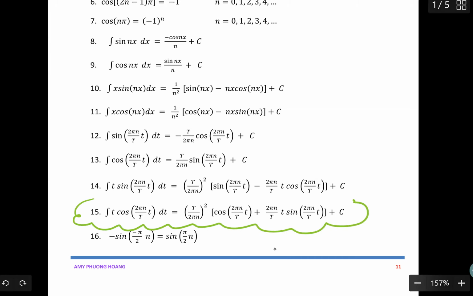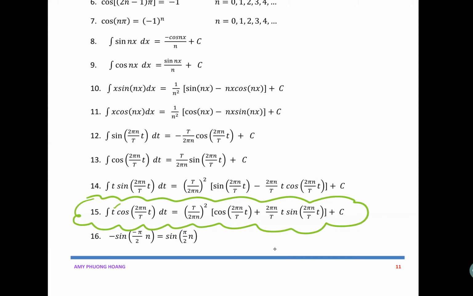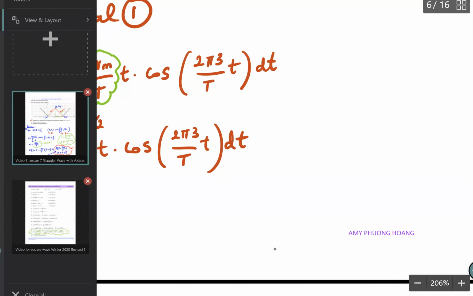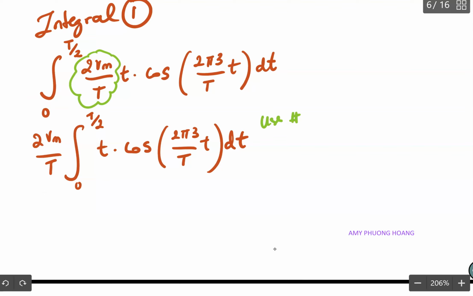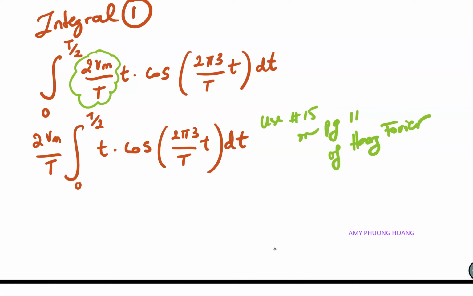Now you see that the integral has t times cos, and in this case your n is equal to 3. Whenever you see the n, you substitute it with the number 3. So I'm going to use number 15 on page 11. I just want to write it as a reference for everyone here.